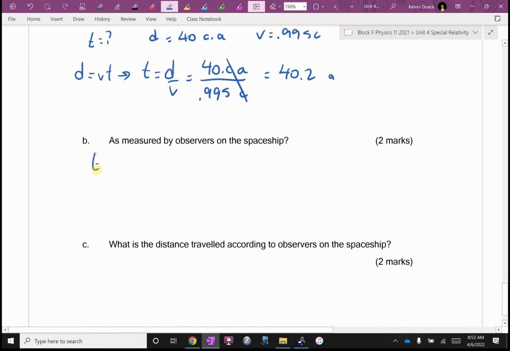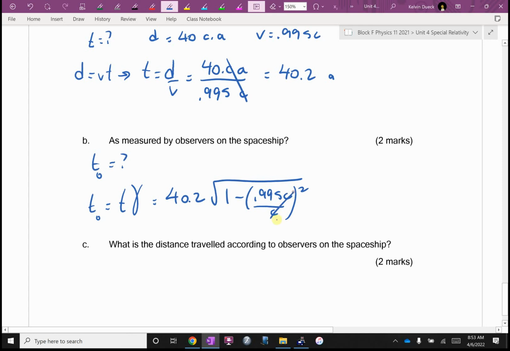Now they want me to find T0, as measured on board the spaceship. Now I'm going to use relativity. T0 is T times that square root function. And T, I'm going to write 40.2, but I'm using my answer button there. Times the square root of 1 minus 0.995 C over C all squared. 99.5% of the speed of light is pretty fast.